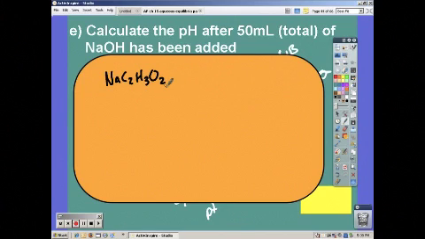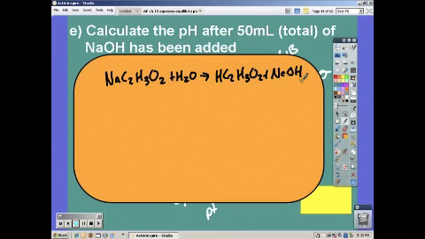So you have your sodium acetate. It's a base, so you need water to react with it. So you get acetic acid and hydroxide. And you could leave off the sodiums since they're just spectators.